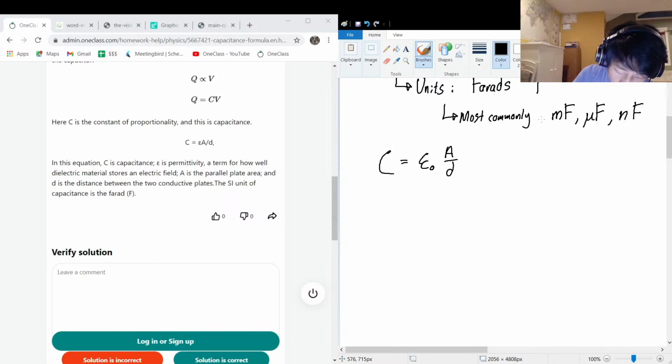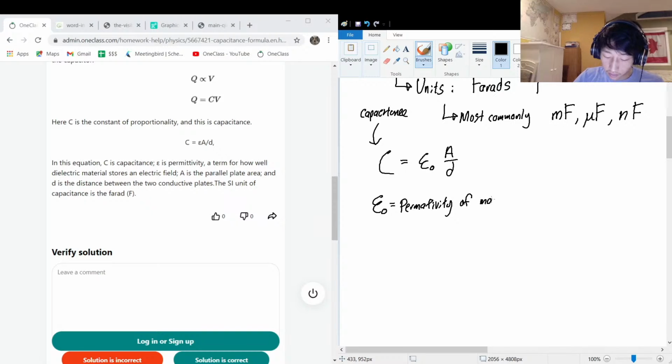C is the capacitance. Epsilon naught is the permittivity of the material between the plates.